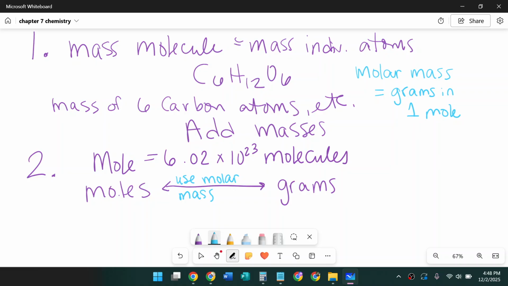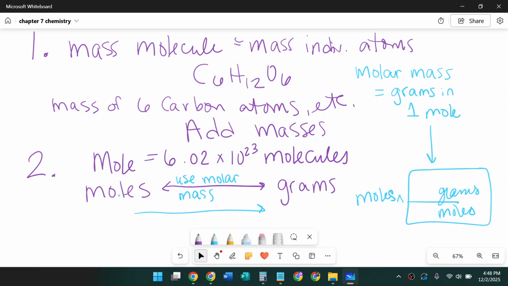If we're going from moles to grams, and we have moles, we use the molar mass and we put moles on the bottom, and then we put grams on top, and this right here is our molar mass.